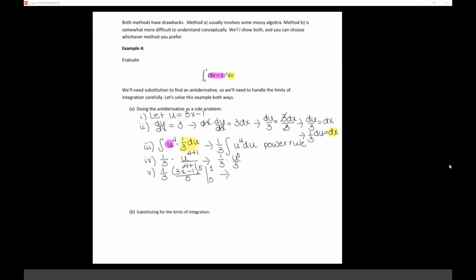So this can be rewritten as 1/3 times 1/5 times 3x minus 1 to the 5th, evaluated from 0 to 1. What I did was I took this 5 in the denominator, divided by 5, and wrote it as 1/5. So that gives me 1/15 out here, 3x minus 1 to the 5th, 0 to 1. The only part I need to evaluate is the part with the x's.